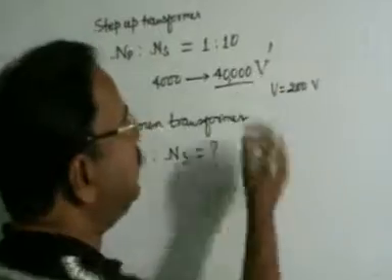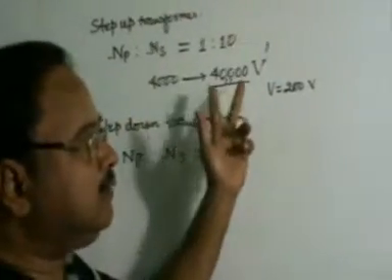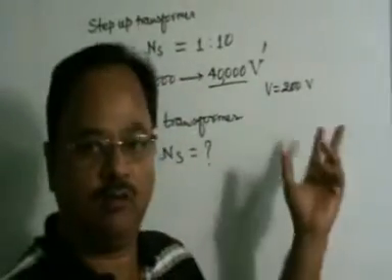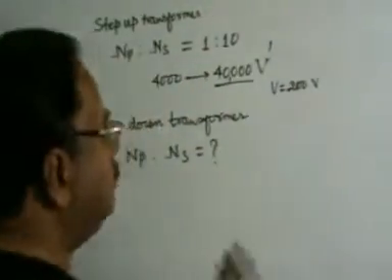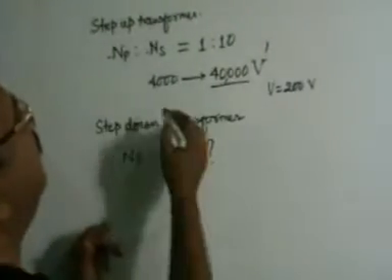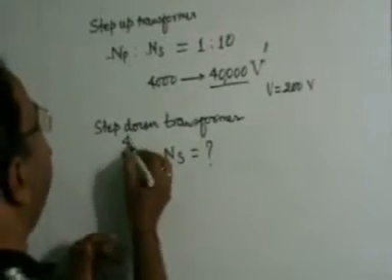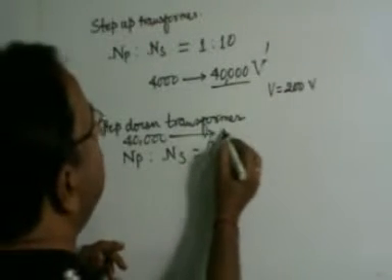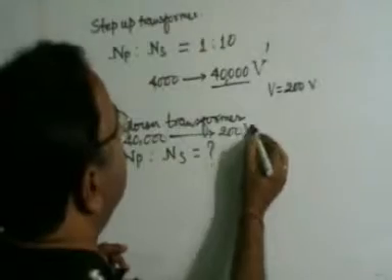Now this 40,000 volt is to be used at a voltage of 200 volt. So in the secondary of the step-down transformer, this 40,000 volt has to be brought down to 200 volt.